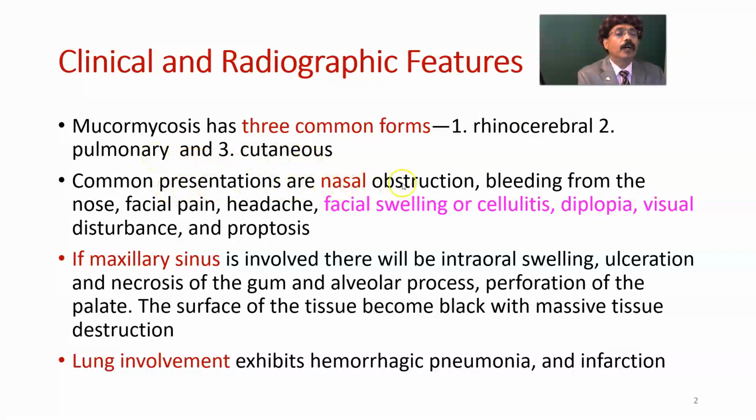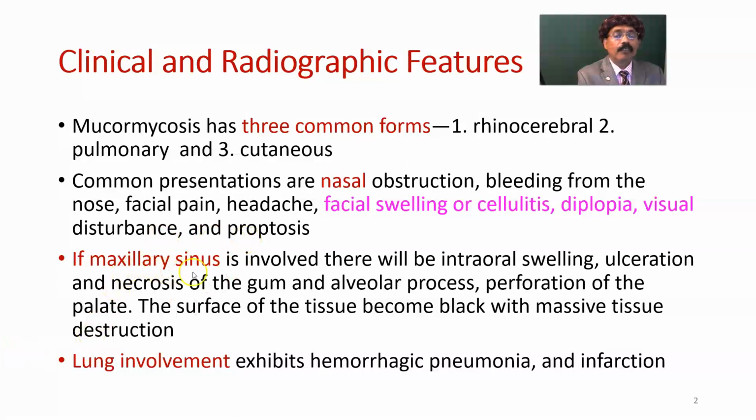Common presentations are nasal obstruction, bleeding from the nose (epistaxis), facial pain, headache, facial swelling or cellulitis, and diplopia. There may be swelling around the eye, cranial nerve involvement, visual disturbance, and proptosis, where the eyeball may come out.